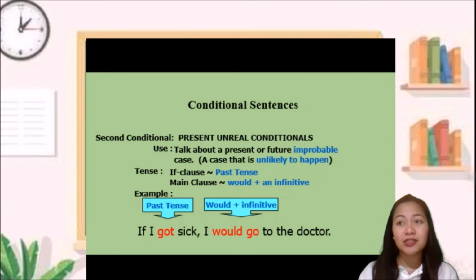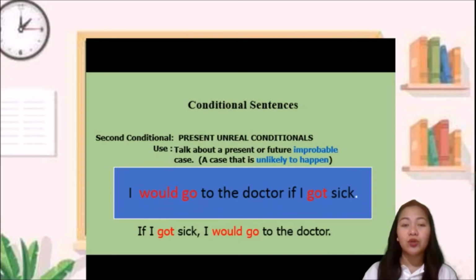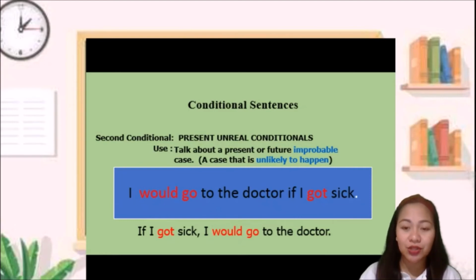But to express this in English, we use if plus the past simple for the if clause and the word would plus the verb in infinitive form for your main clause. So, the other sentence is, I would go to the doctor if I got sick. We use the modal word would to show that we are just imagining the result.